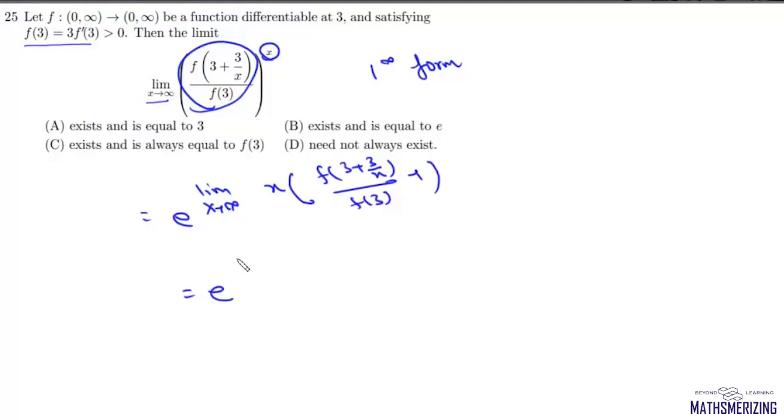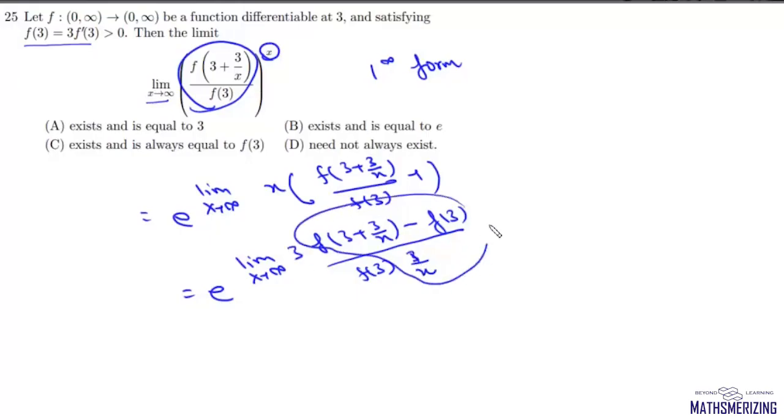So we can write this limit as e to the power limit x tends to infinity, (f(3 plus 3 upon x) minus f(3)) upon f(3) into 1 by x. Now what we will also do is multiply by 3 and divide by 3.